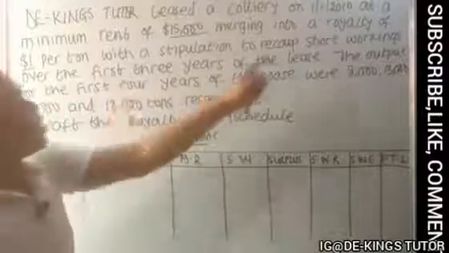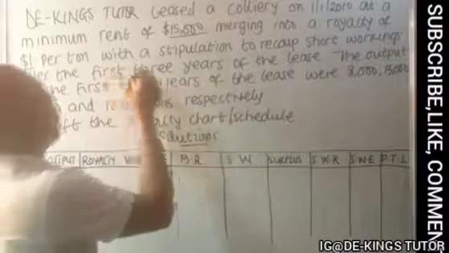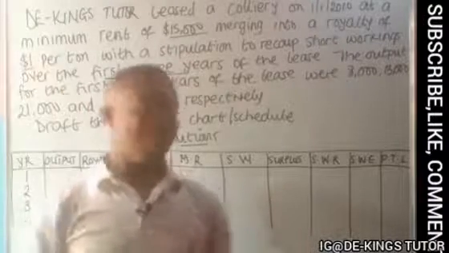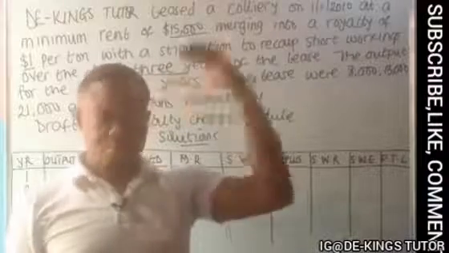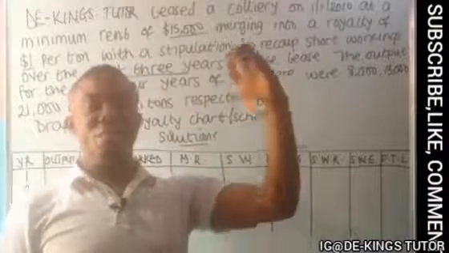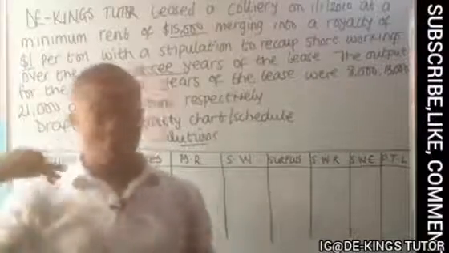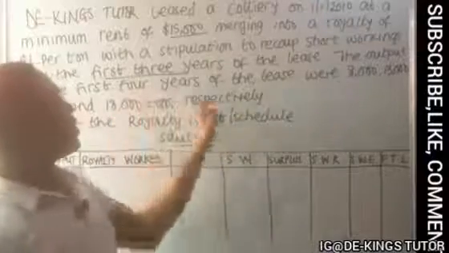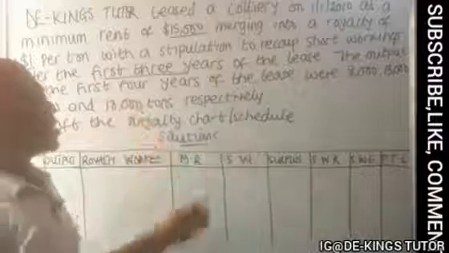Okay, and they said to recoup short workings over the first 3 years of the lease. Now, this one is saying over the first 3 years of the lease. It is not saying that after the first short workings. It means from the first payment over the first 3 years. If there's any short workings and any surplus afterwards, you have to recoup.